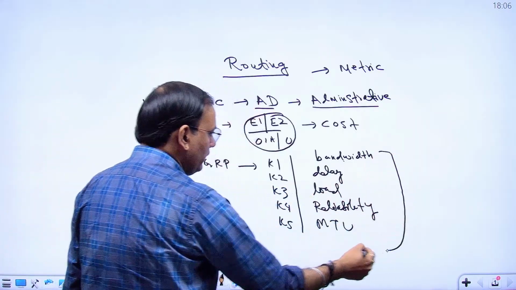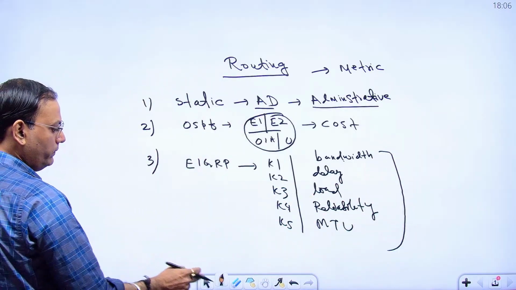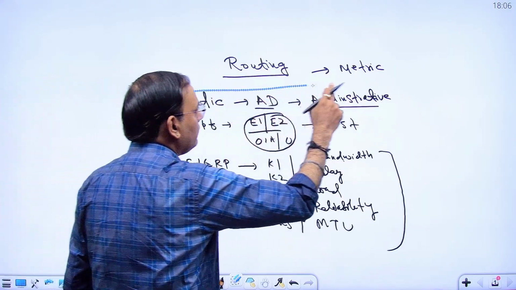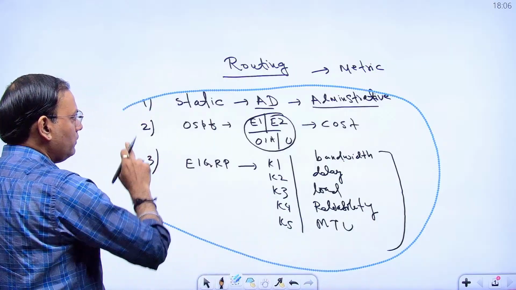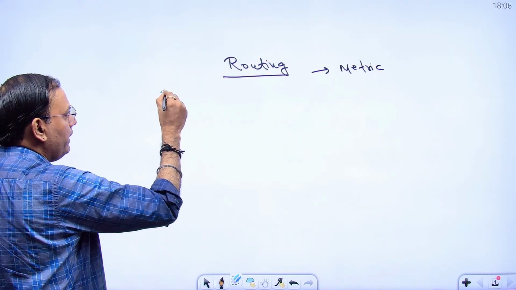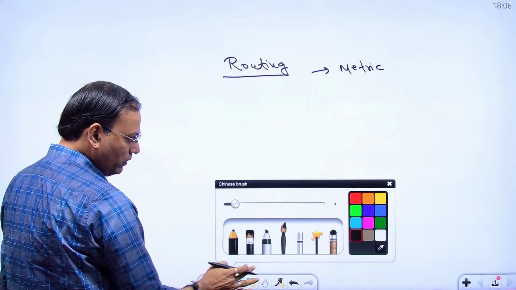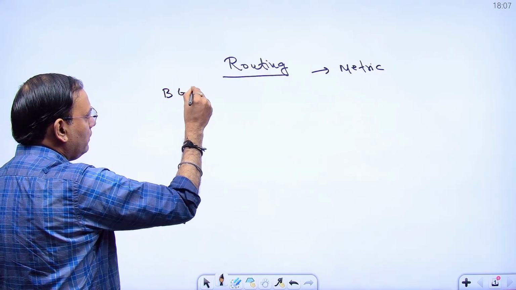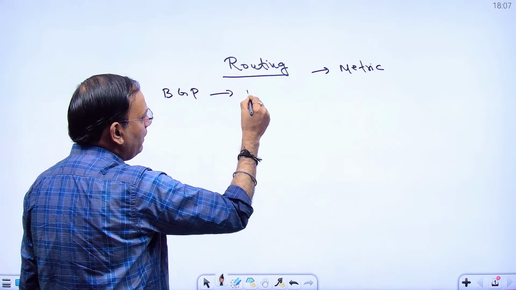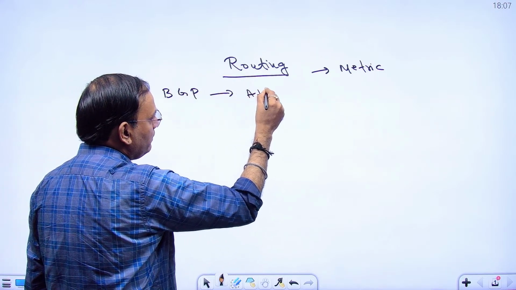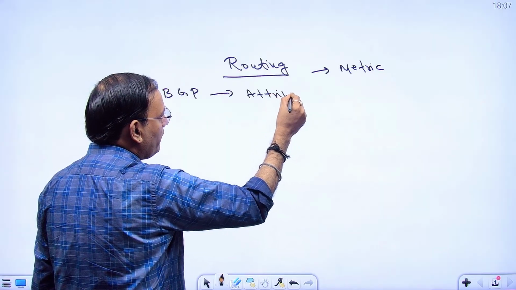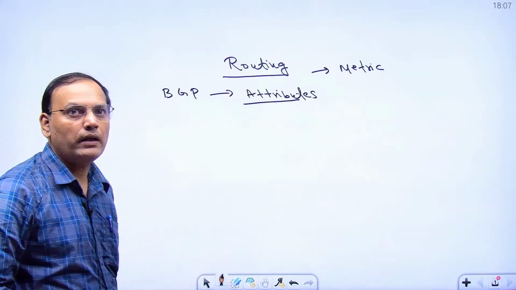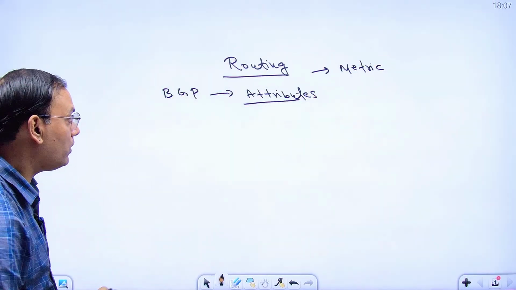Then the most important protocol among all is BGP. In BGP we have again the metric, and various attributes of BGP are very important. If comments come, then again I will teach you each and every protocol's metric in detail, not now.